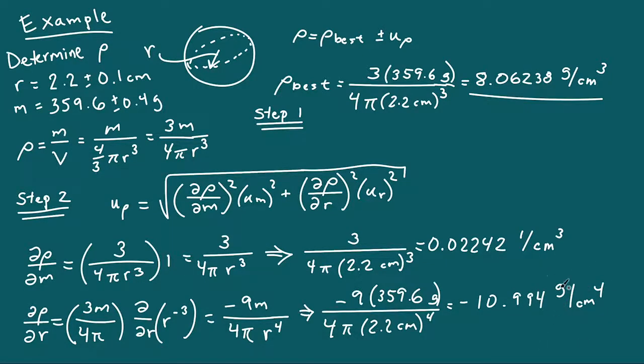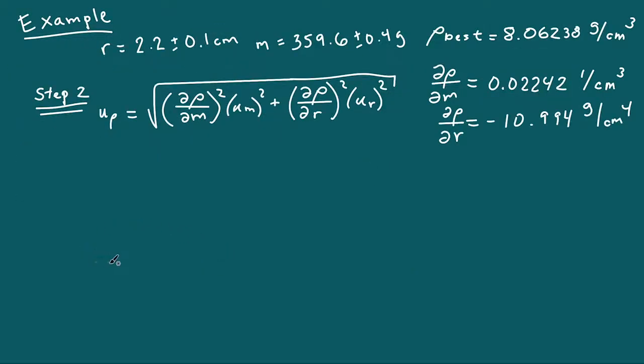It's very common to come up with unusual units here, because we're going to be squaring this and then multiplying it by the square of the uncertainties. And in the end, we should end up with the units for density, because that is what the uncertainty should give us. It should have the same units as the original function itself.